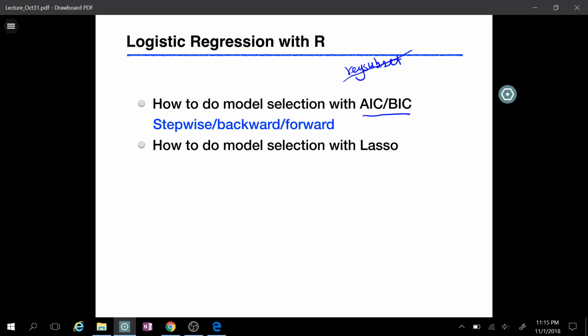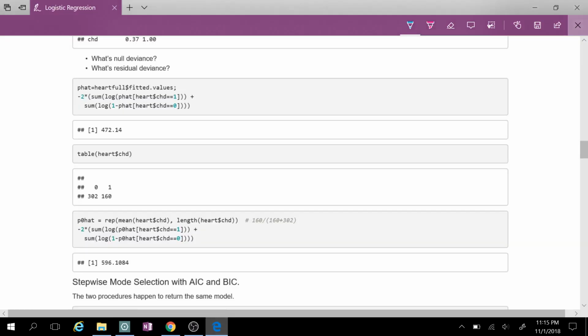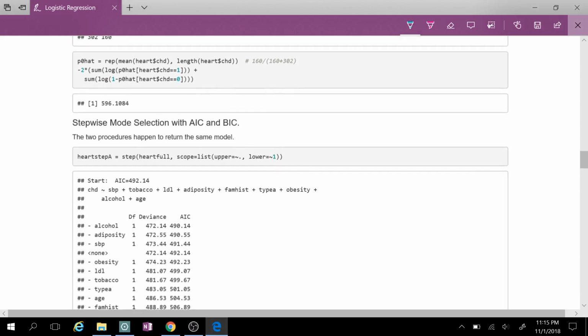Here I'll show you how to do that in R with stepwise. First we do stepwise with AIC. So we just call step and provide the model fitted from the full model. And we're telling R the biggest model we're going to explore will be the model with all the covariates from this data frame, and the smallest model we're going to explore is the intercept only model.